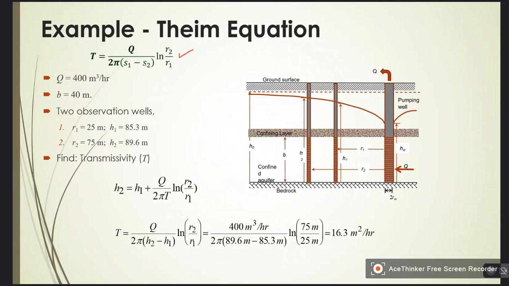It is S1 minus S2. Now what is S1? This is S1. And this is S2. So S2 minus S1 or S1 minus S2.